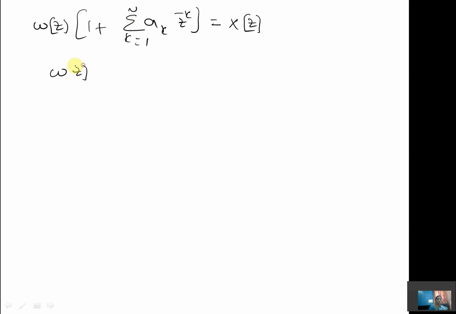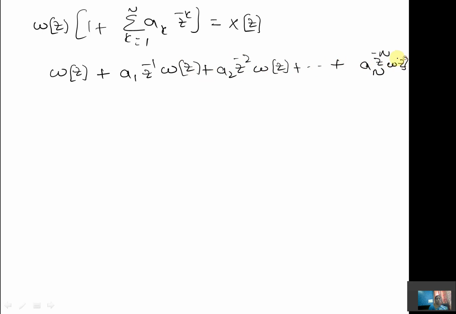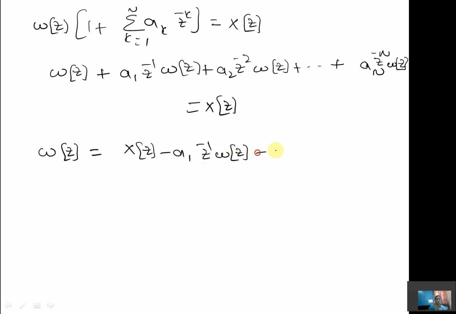So here w of z plus a1 z power minus 1 w of z plus a2 z power minus 2 w of z and so on an z power minus n w of z is equal to x of z, and hence you can get w of z is equal to x of z minus a1 z inverse w of z minus a2 z power minus 2 w of z minus an z power minus n w of z.